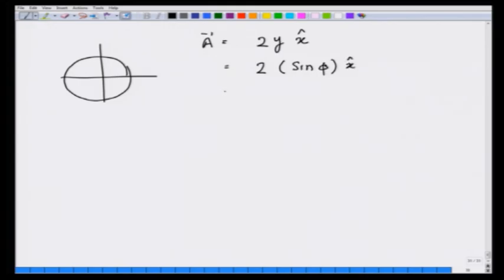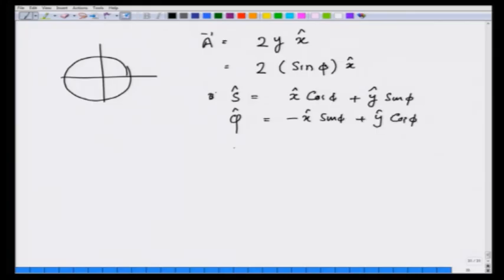Now, we had already seen that the s unit vector in cylindrical coordinates is nothing but x cosine phi plus y sin phi, and the phi unit vector is equal to minus x sin phi plus y unit vector cosine phi, and therefore I can write x unit vector as s cos phi minus phi unit vector sin phi.